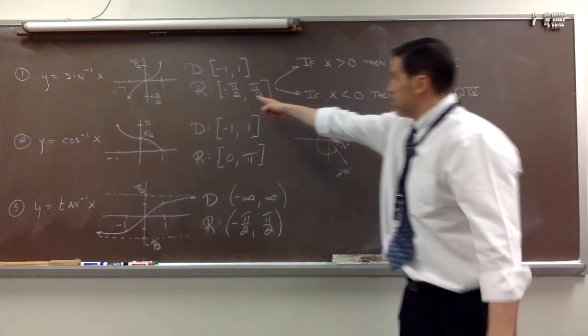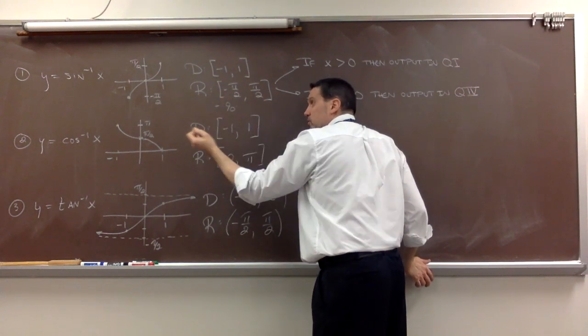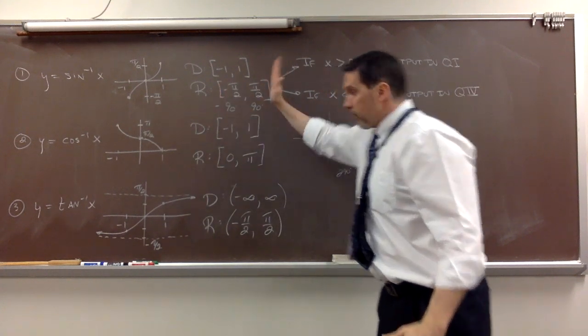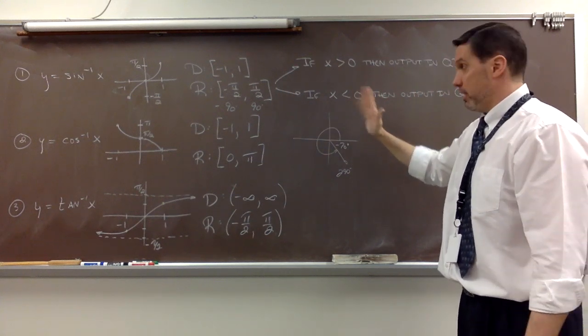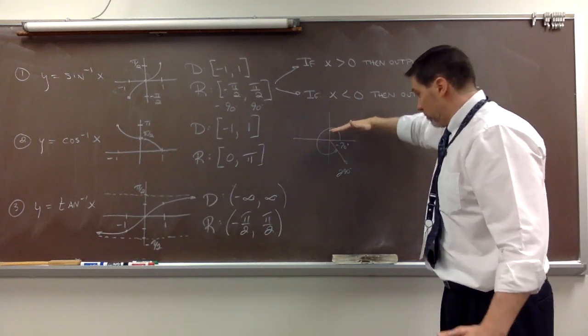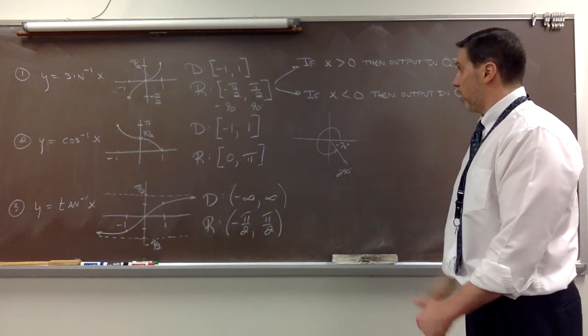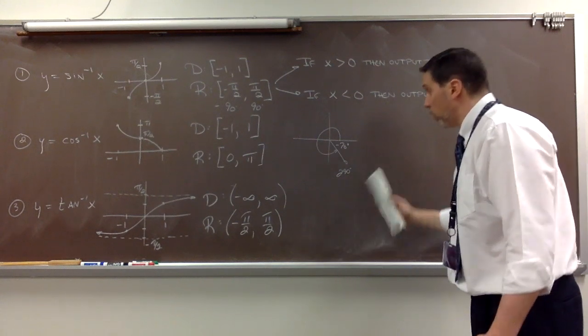You will get a negative output value. Because of this, it's really saying, really, I shouldn't write this, but I will. It's saying our values for our output have to be between negative 90 and positive 90 inclusive. Right? So we do have to go to the negatives when we are inputting a negative value. So if x is less than 0, then the output has to be in quadrant 4.